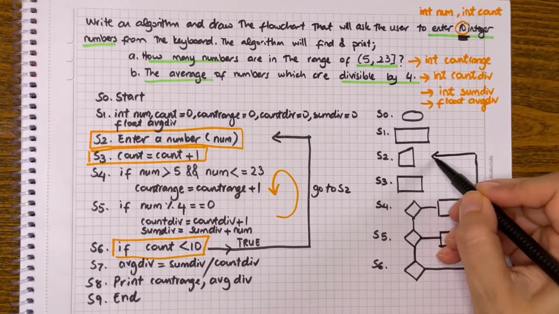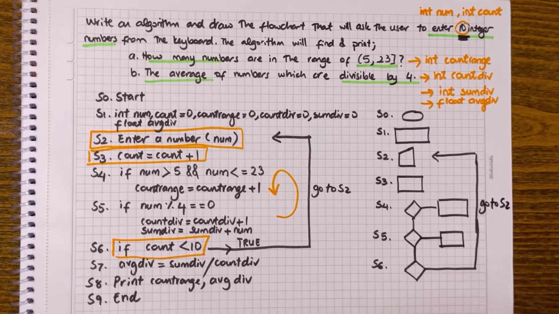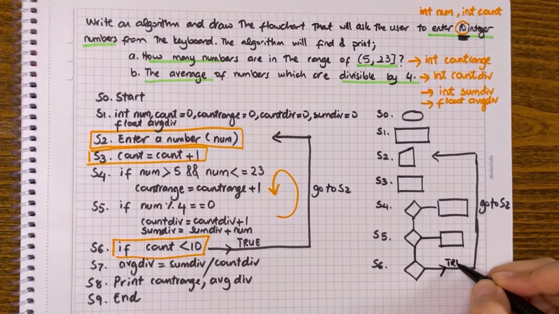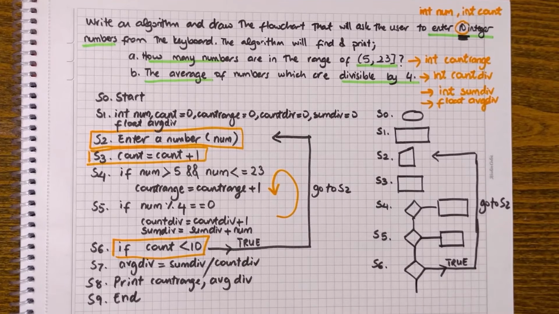So I say go to step number 2 if this is true. Okay, then if it is false, if we go out of the loop, in step number 7, we simply perform the average calculation with a rectangle. In step number 8, we simply print what we have found, so a parallelogram here.